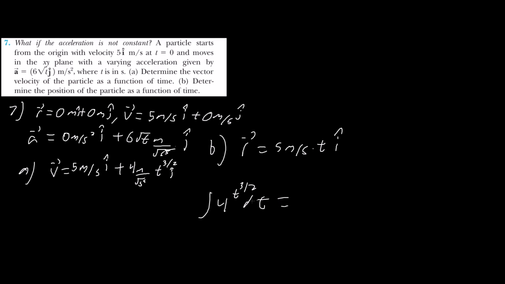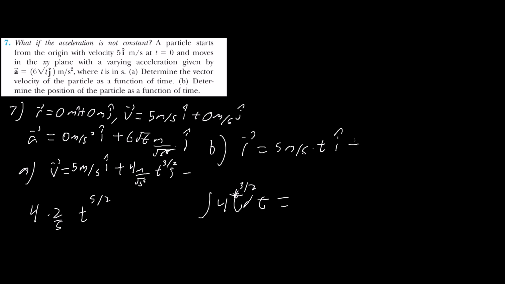And that's going to be 4 times 2/5, I think, t to the 5 halves power. 2 over 2, that should get back. So that's 5 halves, that cancels. So that's going to be 8/5 or 1.6.